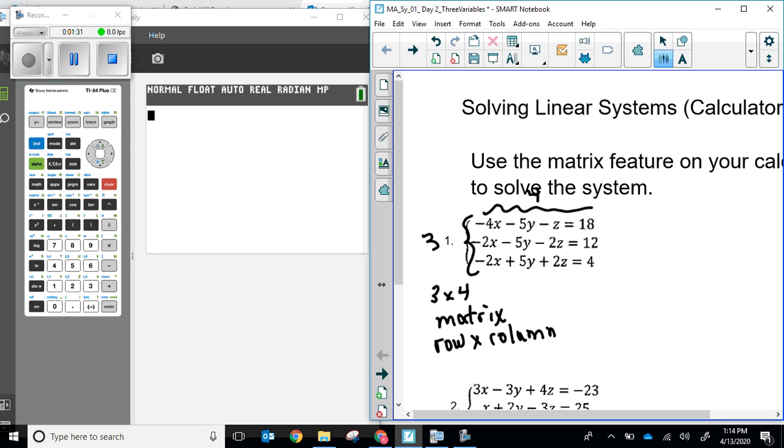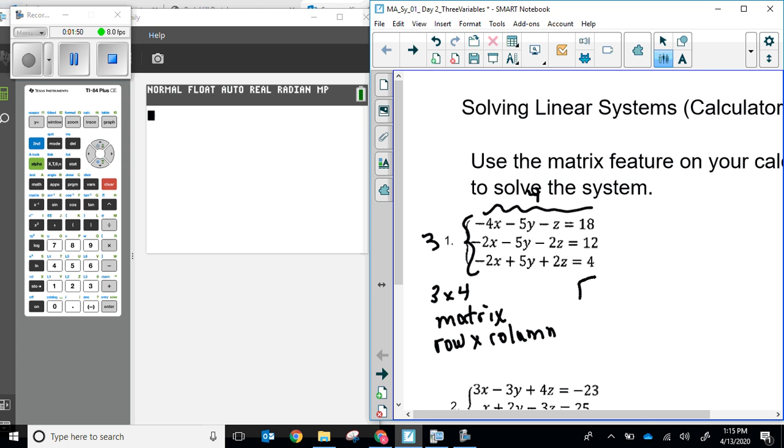Okay, so before we go to the calculator, what we need to do is set this up in what's called an augmented matrix. So an augmented matrix is simply the coefficients and the answers to those. So we're going to write our matrix just using the coefficients.